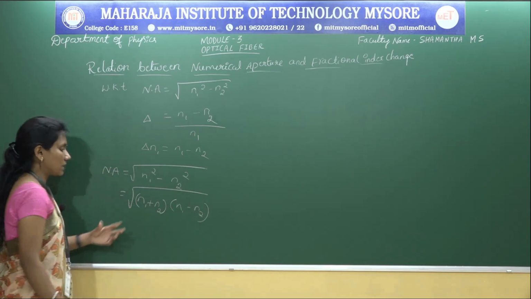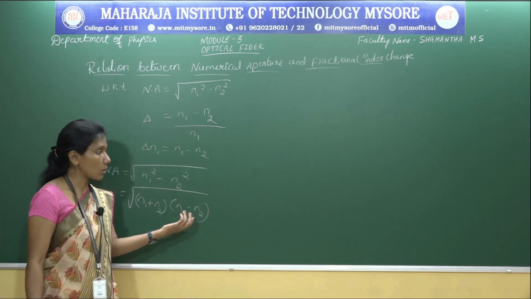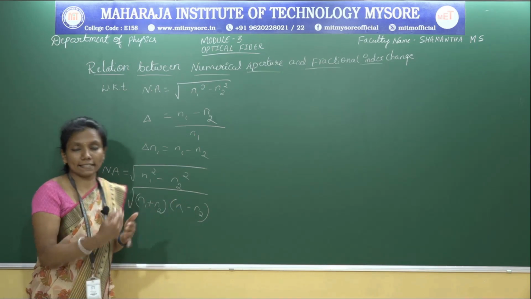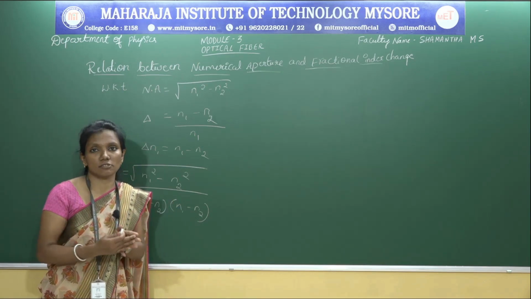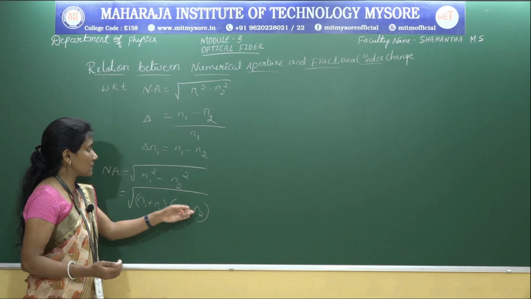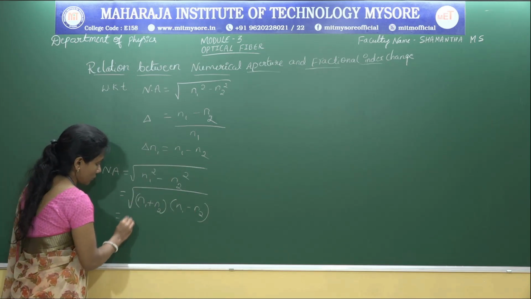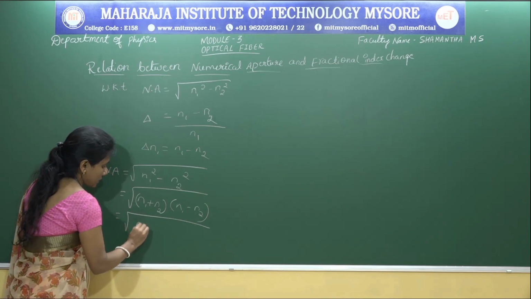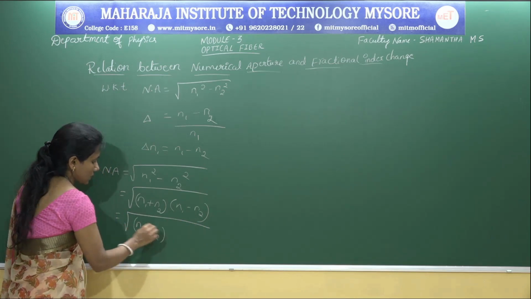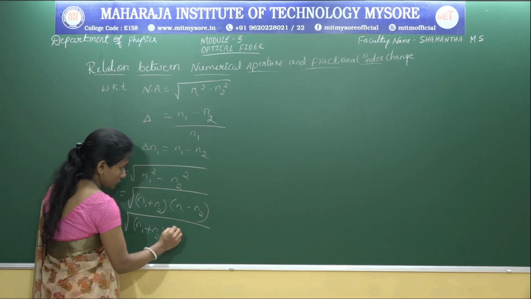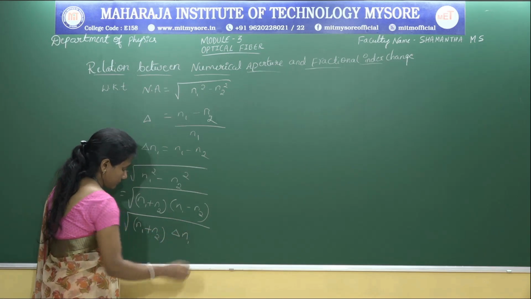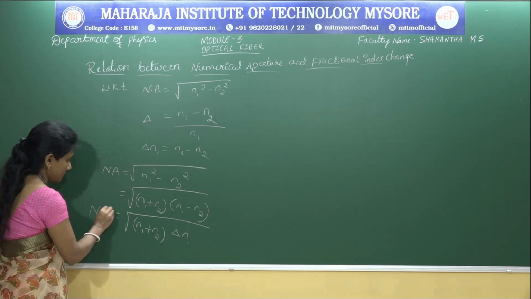This is how we can relate the numerical aperture and fractional index change. n1 minus n2 is delta n1. Substituting that, we get n1 plus n2 into delta n1.